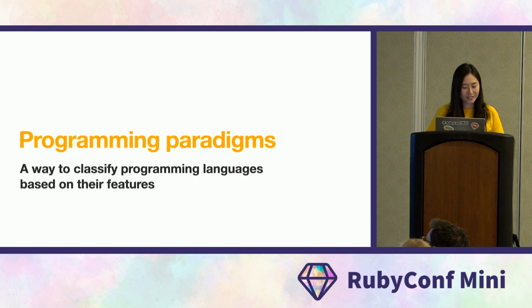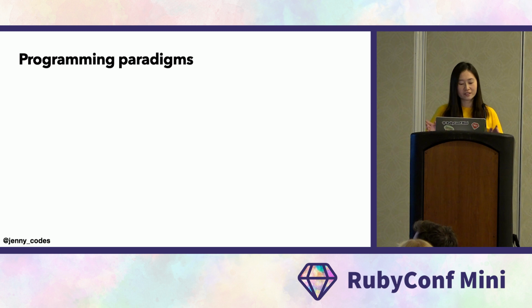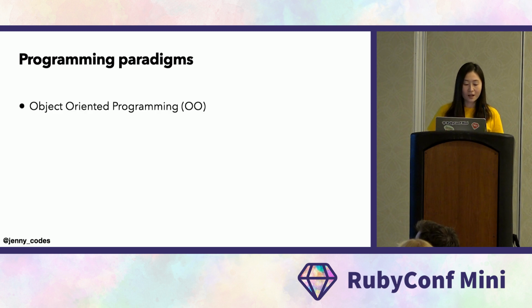Okay, with that, let's talk about the functional programming paradigms. According to Wikipedia, it is a way to classify programming languages based on their features. So there are tons of programming paradigms out there. Object-oriented programming is one paradigm characterized by message passing between objects and encapsulation of the state and behavior.